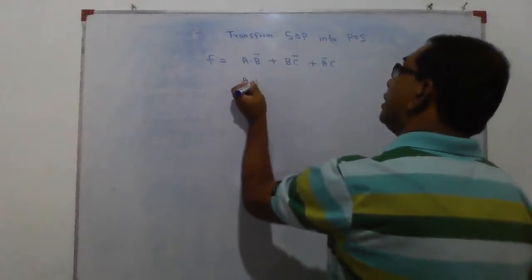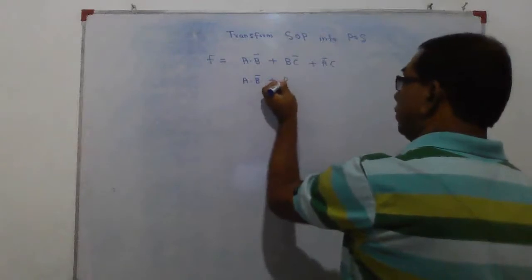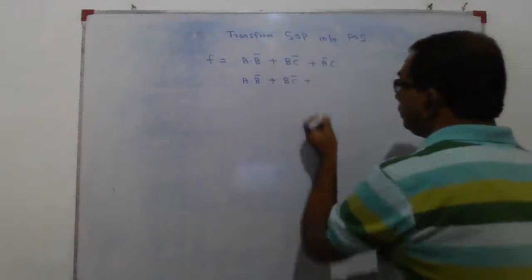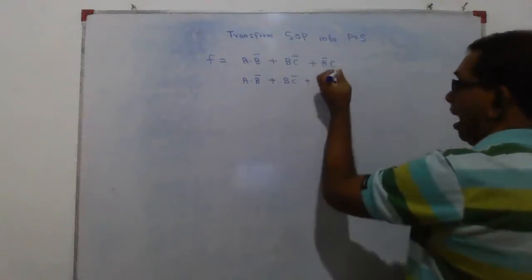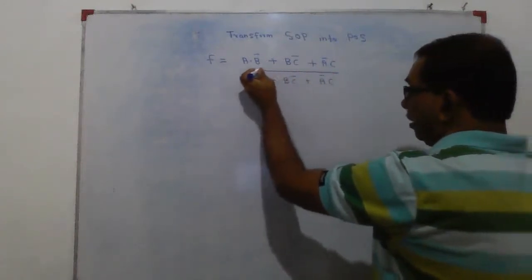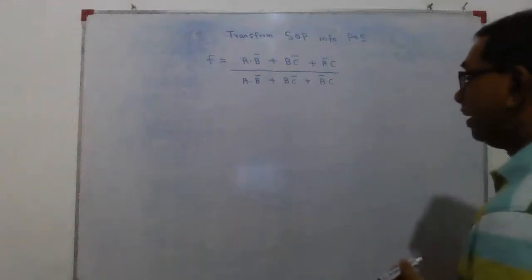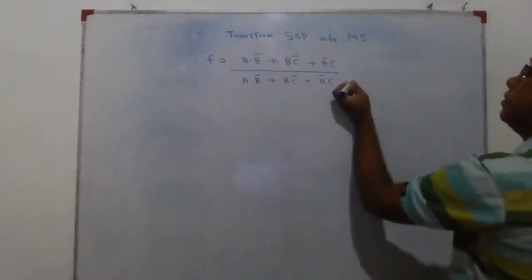You write A and B bar, OR, B and C bar, OR, A bar and C, and you have to draw a full bar here. That is an over bar.